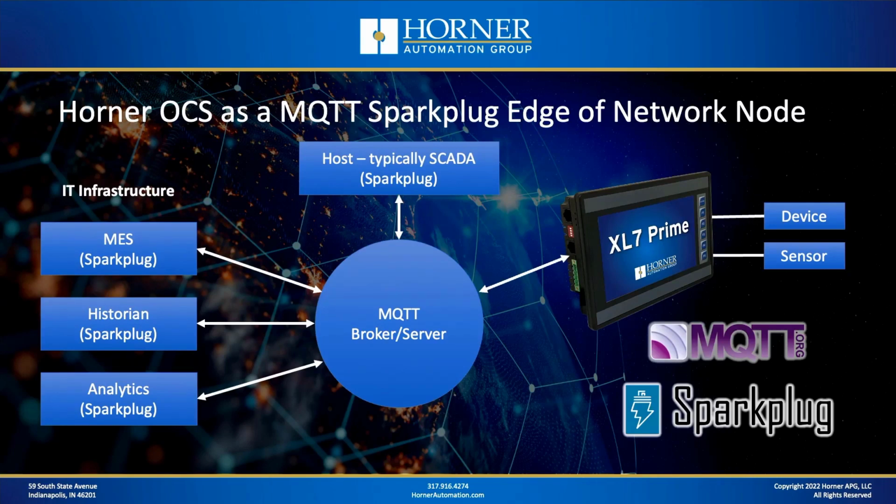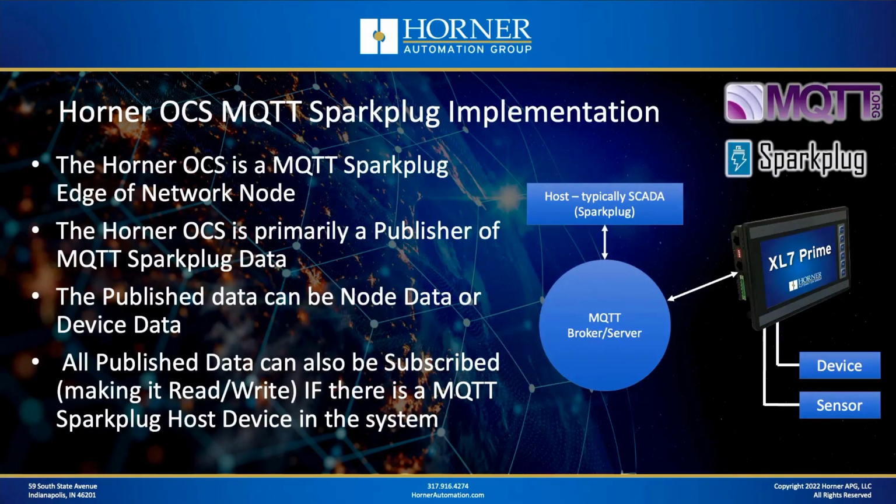So it can report not only its own node data, but it can also report device data if that's what you want to do as well. So again, the Horner OCS all-in-one controller acts as an MQTT Sparkplug edge of network node, primarily for the purposes of publishing data. The data it publishes can be its own node data or device data.